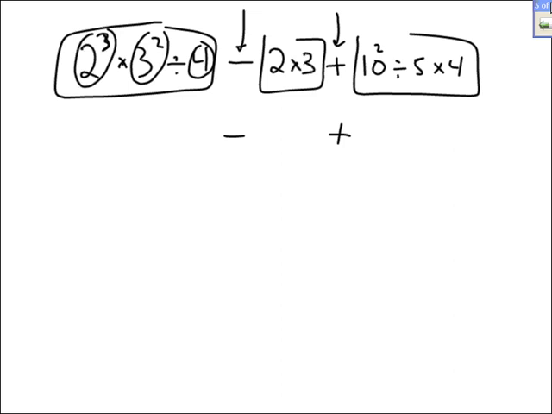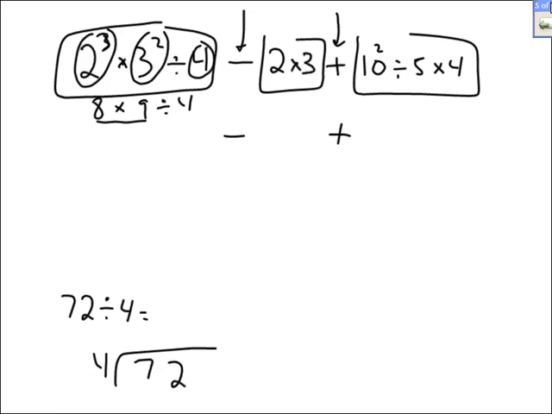We just go left to right. 2 cubed is 8 times 3 squared is 9 divided by 4. 8 times 9, let me do it over here, is 72. And 72, if you divide it by 4, you'll get 18. 4 into 7 goes 1 time with 3 left over.